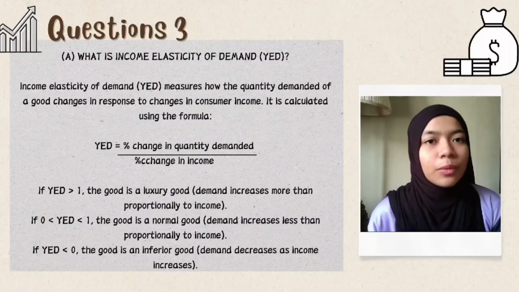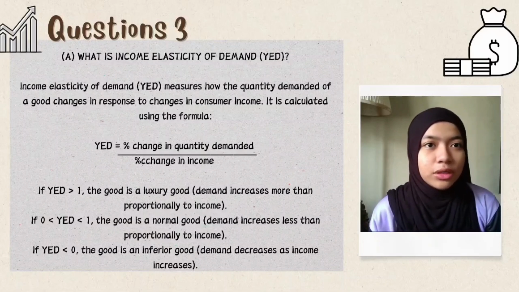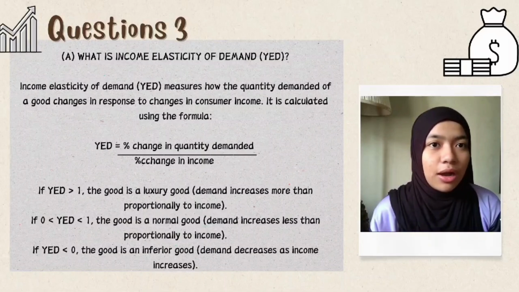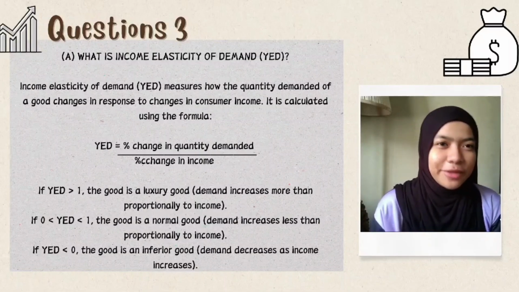And if YED is less than 0, the good is an inferior good. Demand decreases as income increases.